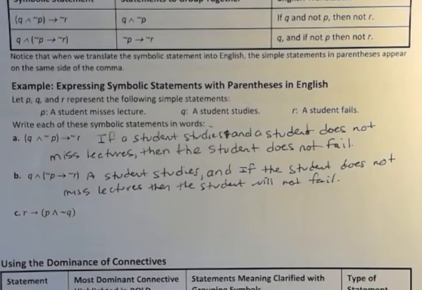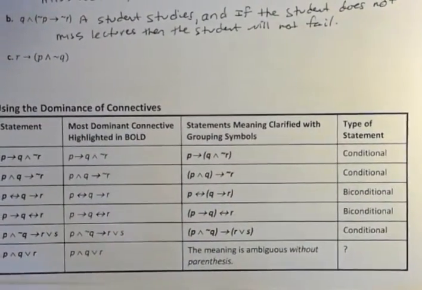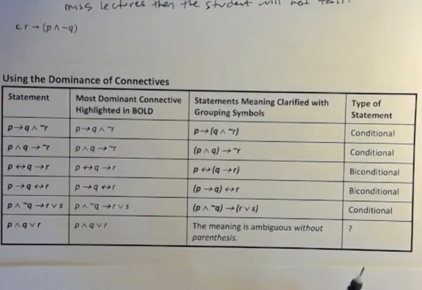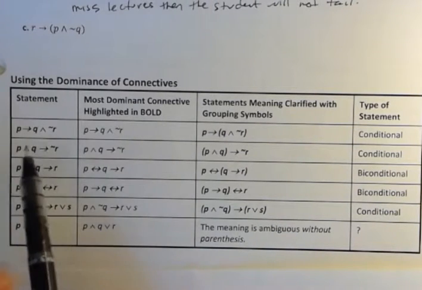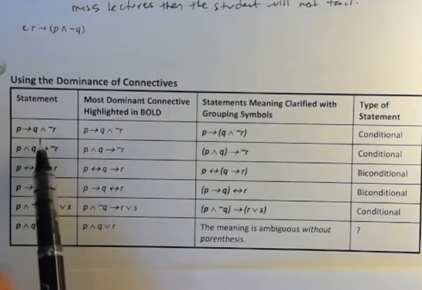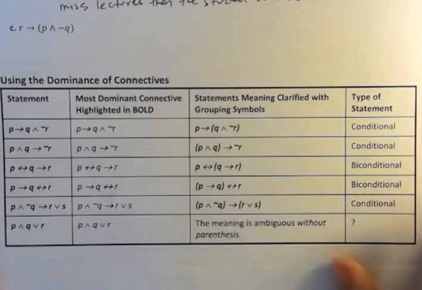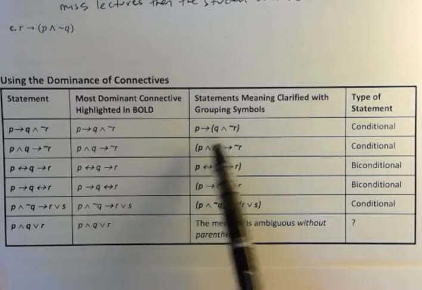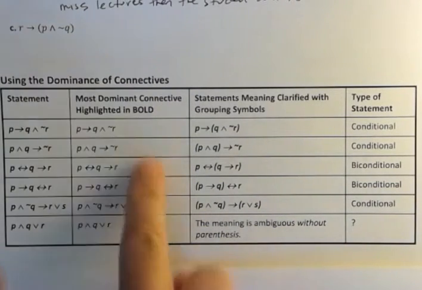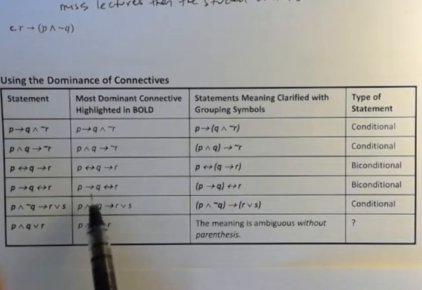All right, so whenever we're talking about the dominance of connectives, and they're in bold here, but I'm not sure that you can see it. If I have P then Q and negation of R, if I group that this way, then you can see that it's clarified. These are all statements that aren't really clear. Am I saying Q if and only if R, or am I saying P implies Q if and only if R?